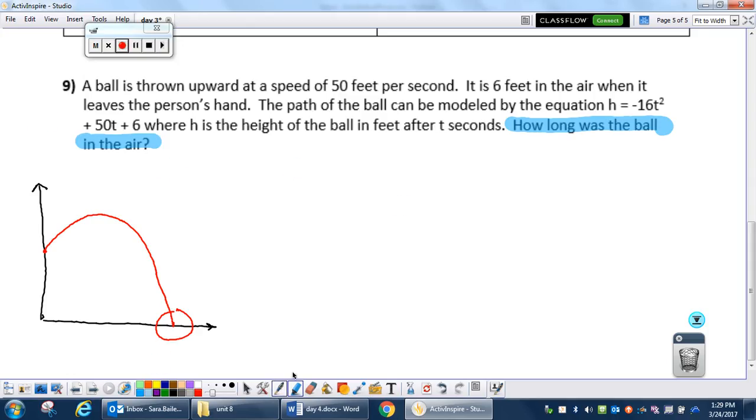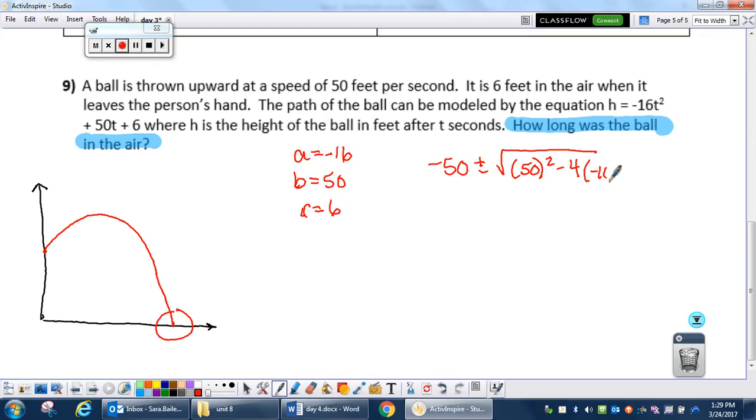So we have A equals -16, B equals 50, C equals 6. So the opposite of B, plus or minus the square root of B squared minus 4 times -16 times 6 all over 2 times -16.